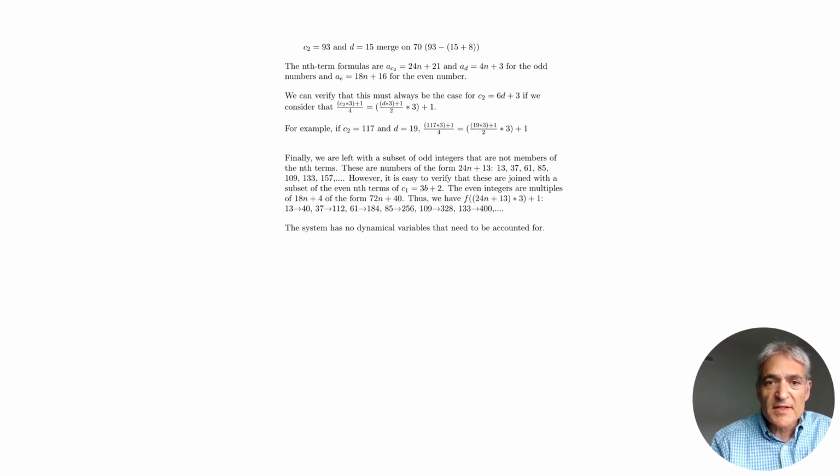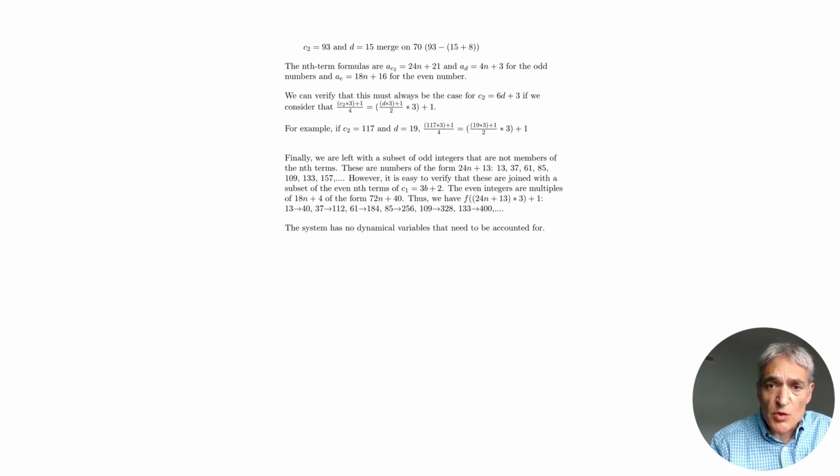C2 equals 93 and D equals 15, merge on 70, which is 93 minus 15 plus 8. We can define the nth term formulas as C subscript 2 equals 24n plus 21, and D equals 4n plus 3. And the even number is given by 18n plus 16.